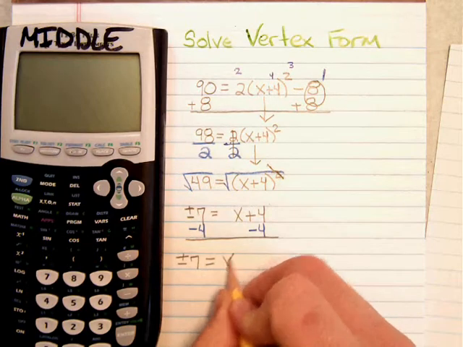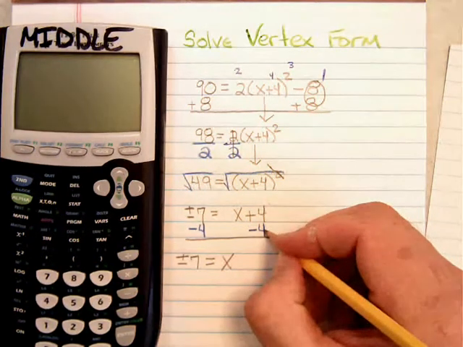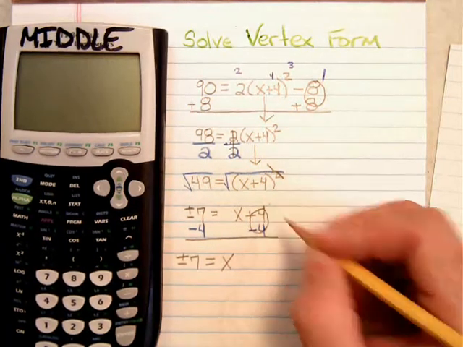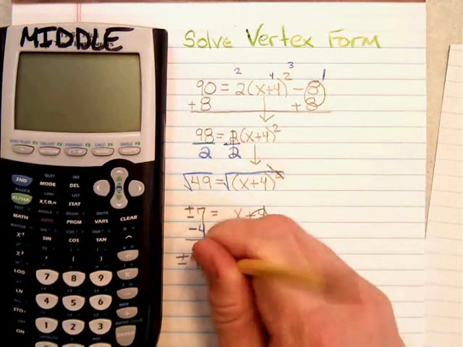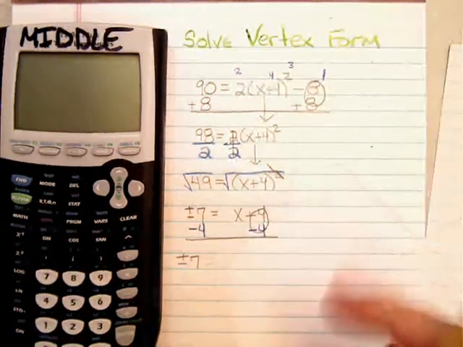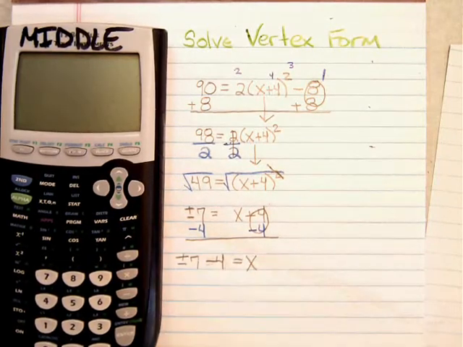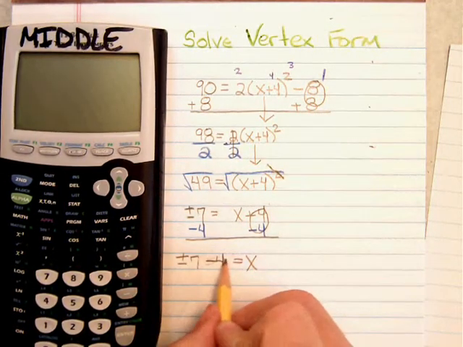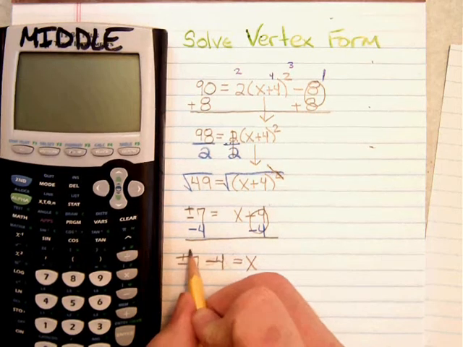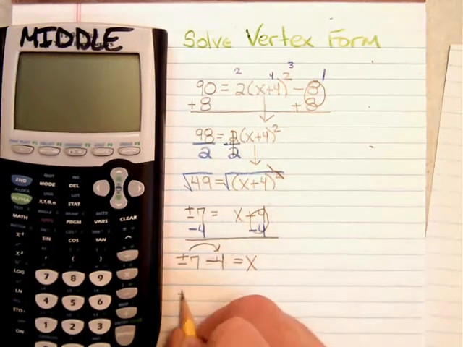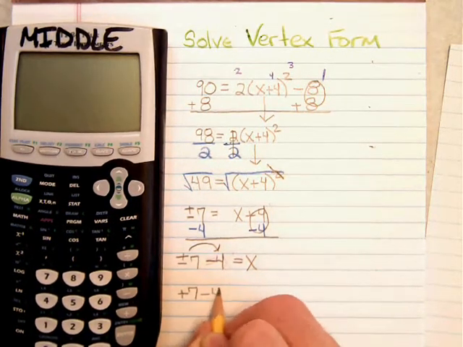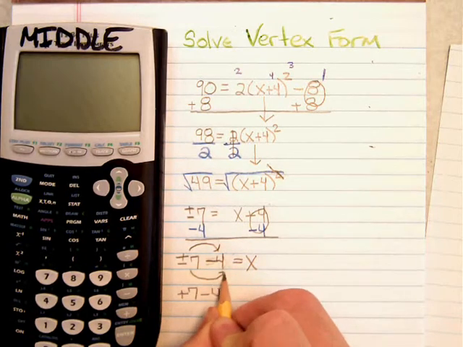And 4 and minus 4 are going to cancel, become 0. Oh, I just forgot to write that step. Minus 4 equals x. And I'm going to break it into two different equations. I've got plus 7 minus 4, and I also have negative 7 minus 4.